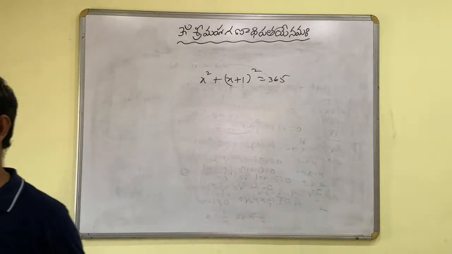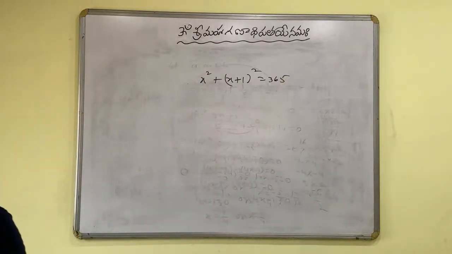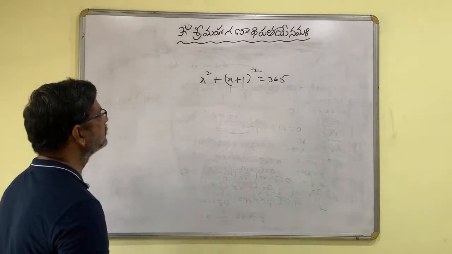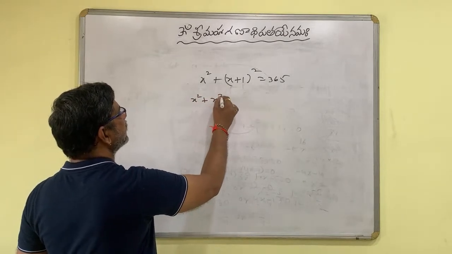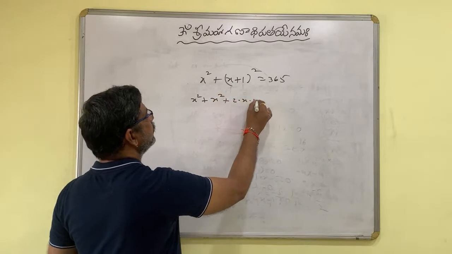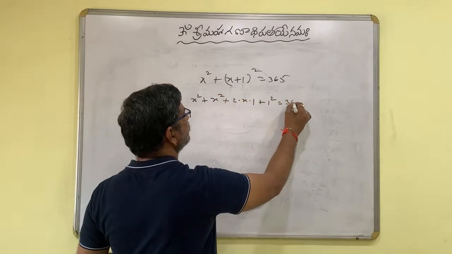That means the sum of the squares of these two positive integers: x square plus (x plus 1) whole square is 365. Now simplify this. Using the expansion (a plus b) whole square equals a square plus 2ab plus b square.